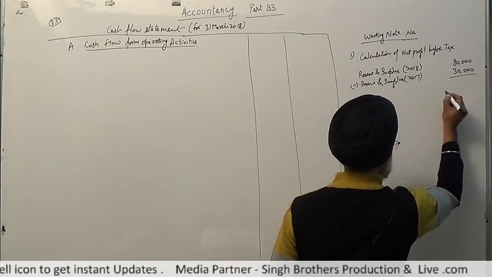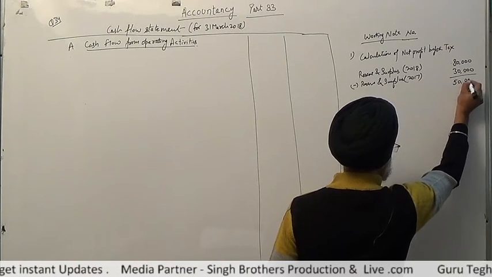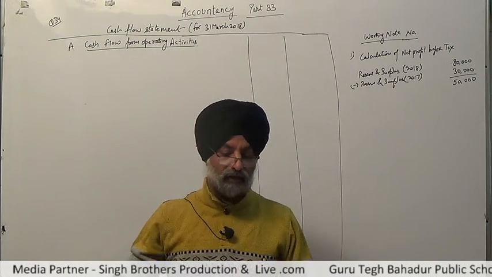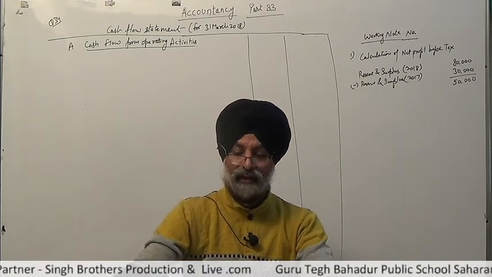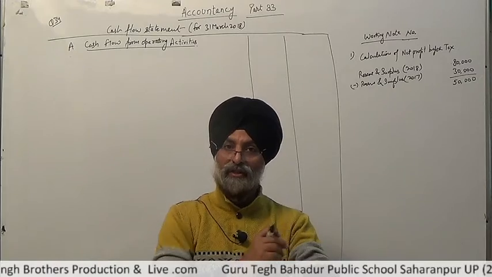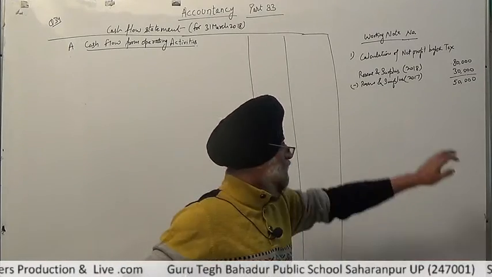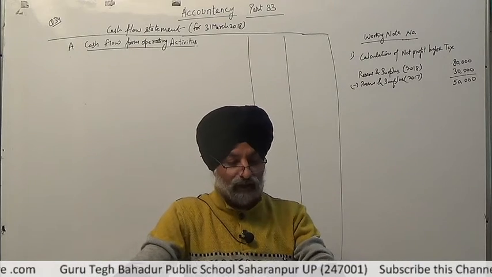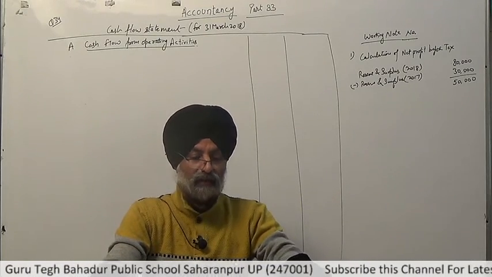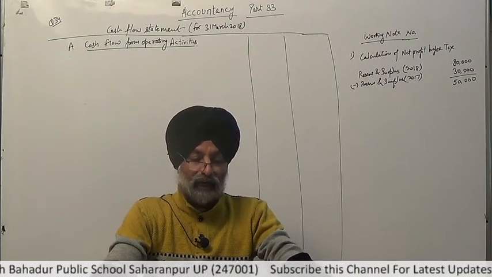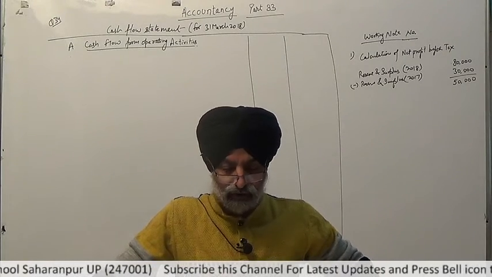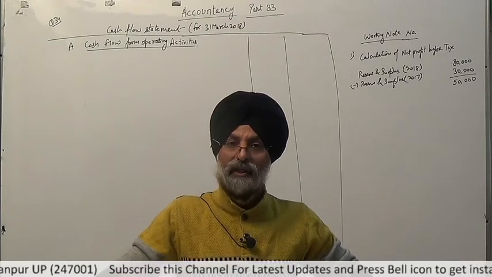So we get the profit, this 50,000. And if there is any proposed dividend of the last year, you have to add it to this value; the proposed dividend of the current year is not required here. Yes, it is given in the question: 31st March 2017 proposed dividend was 20,000.